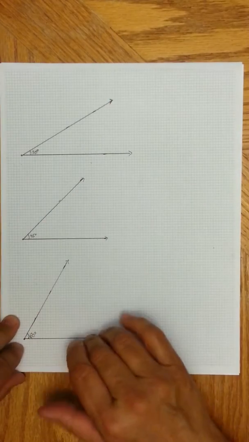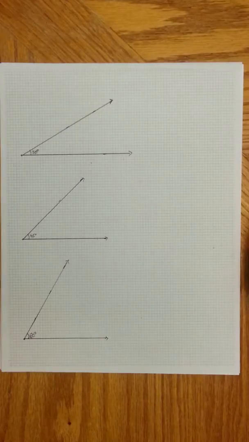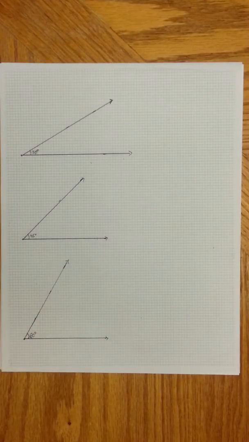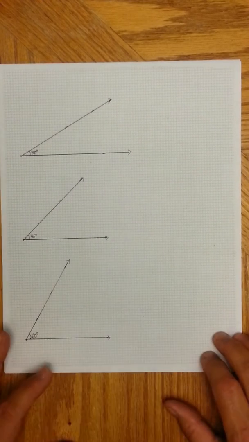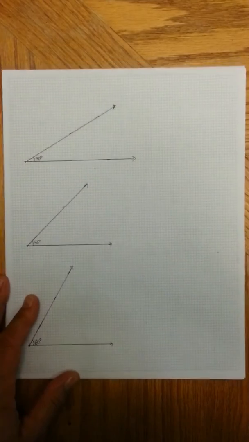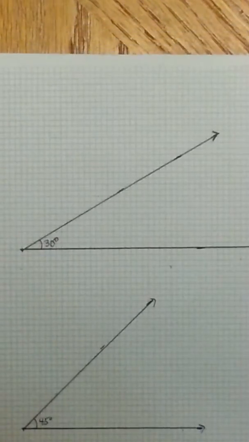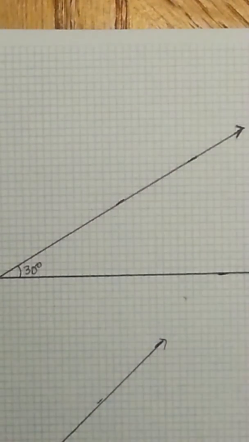Same thing for the 45 and 60. Now, there's only a certain amount of accuracy that I can get. So, not super accurate, but accurate enough to see what's going on so you can understand the principles behind this. Now, I'm going to focus in on the 30 degree angle, and I'm going to show you what you can do here.